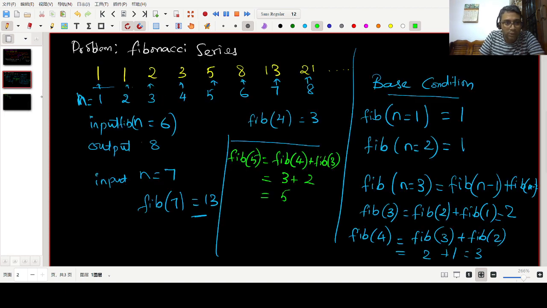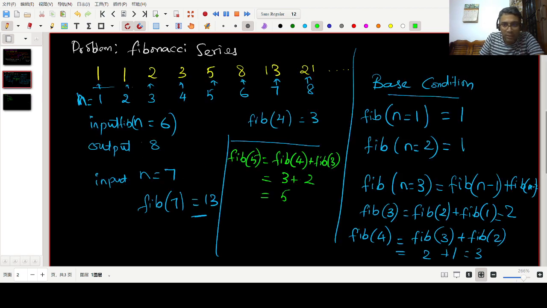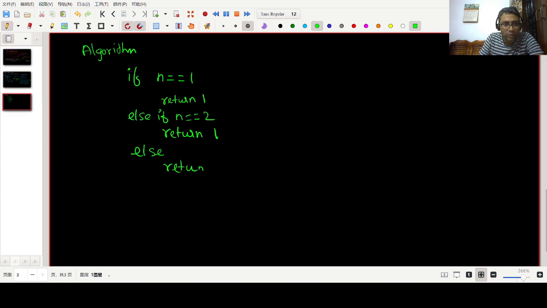Else if n equals 2, I'll return 1. Else what will I return? Simple. Fib of n minus 1 plus fib of n minus 2. Very simple. So this is the function, right?